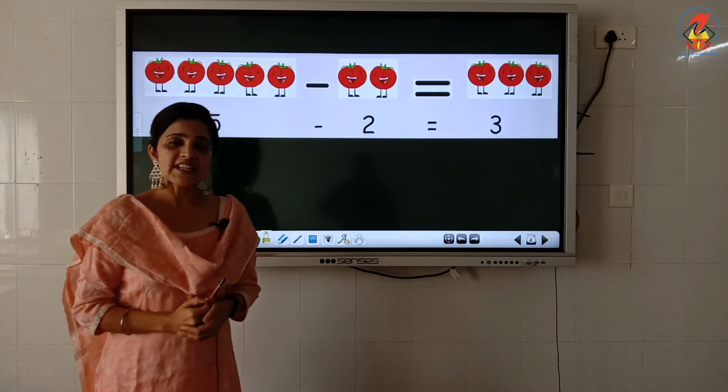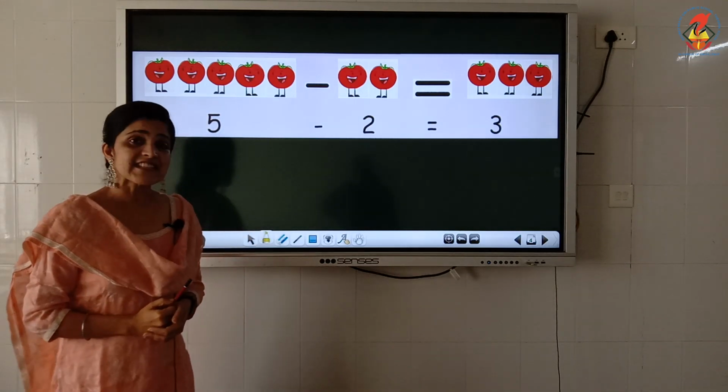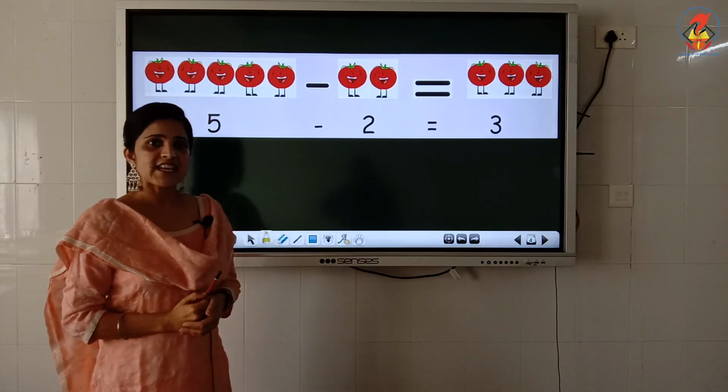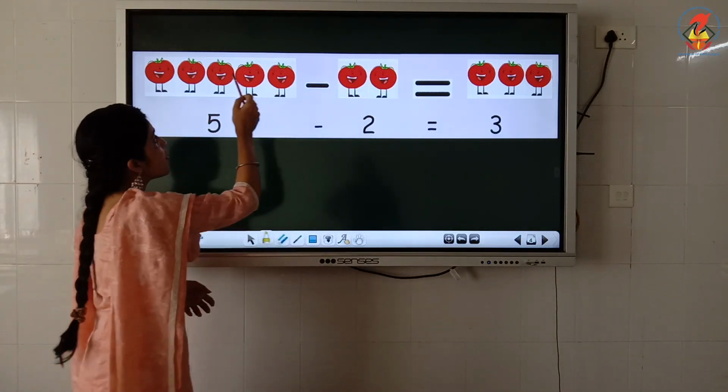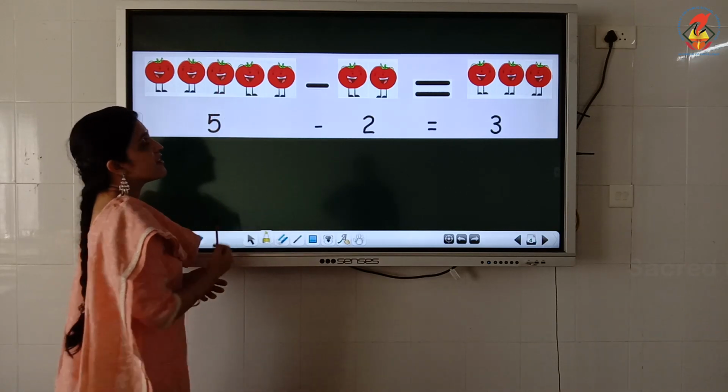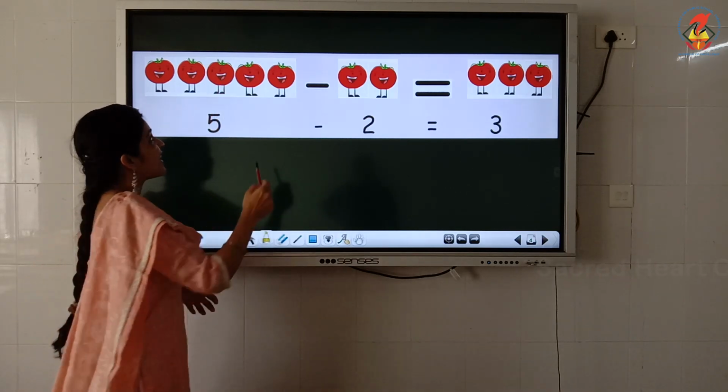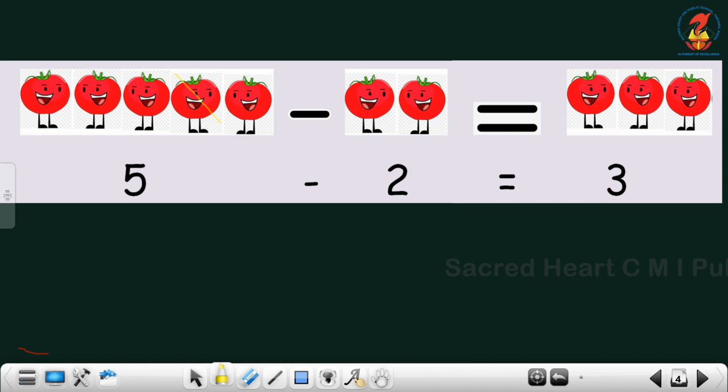To find out the answer, that is the difference, we have to take away the second group of 2 tomatoes from the first group. Shall we do it? Let us cross out 2 tomatoes.